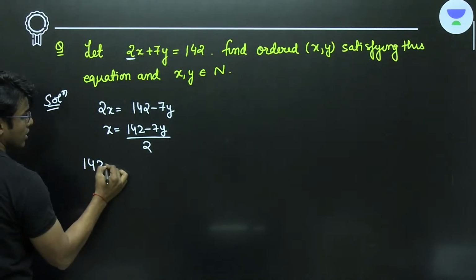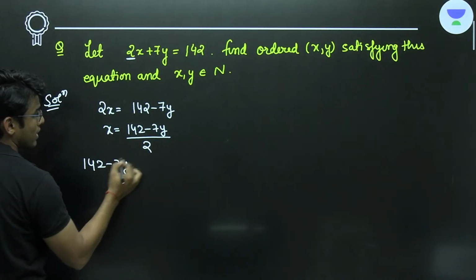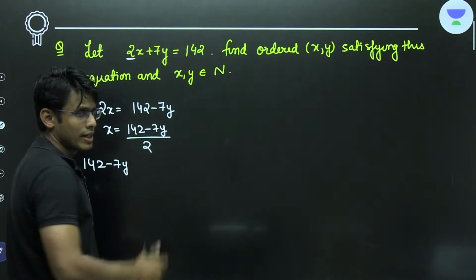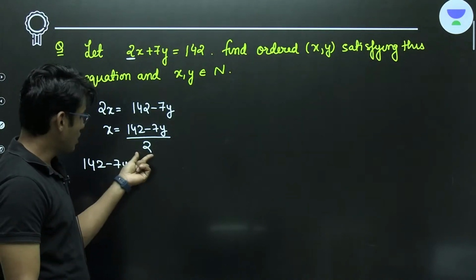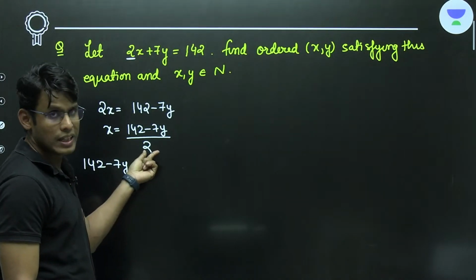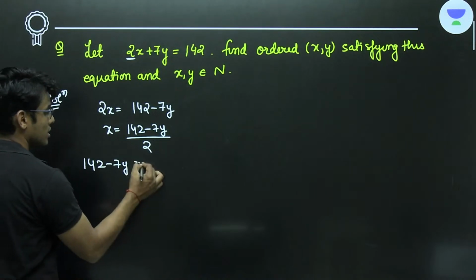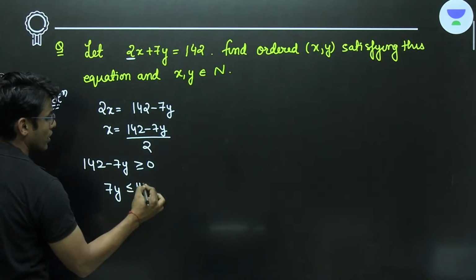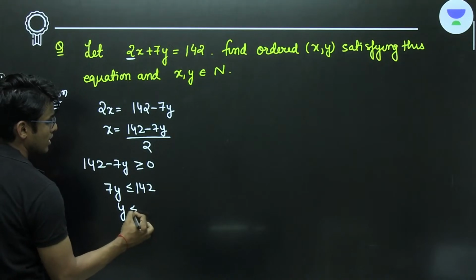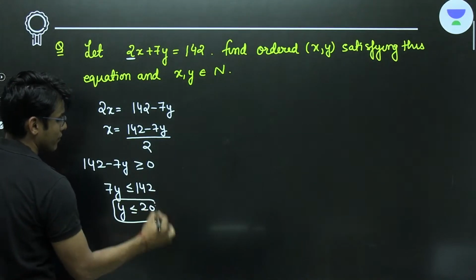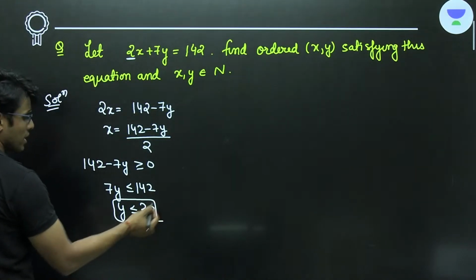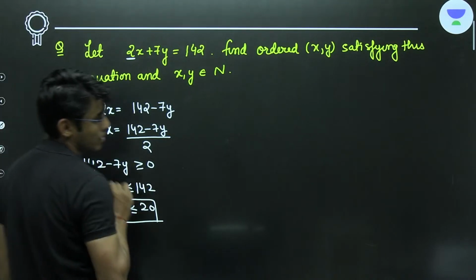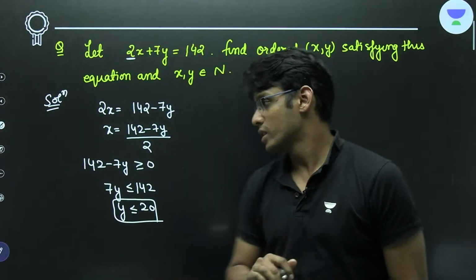Now 142 minus 7y, just the numerator, because the denominator will not contribute to the sign, is greater than or equal to 0. So my 7y is less than or equal to 142, so my y is less than or equal to 20, or 20 point something, but since y is an integer, you can definitely say this.